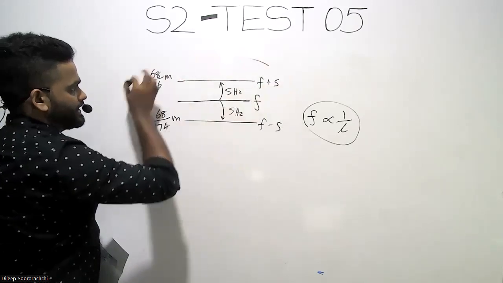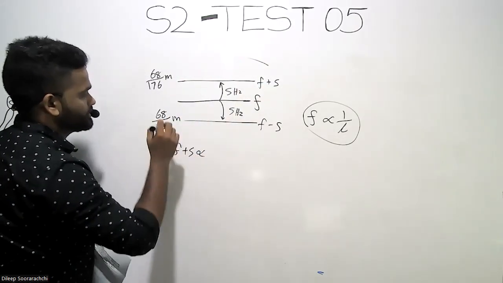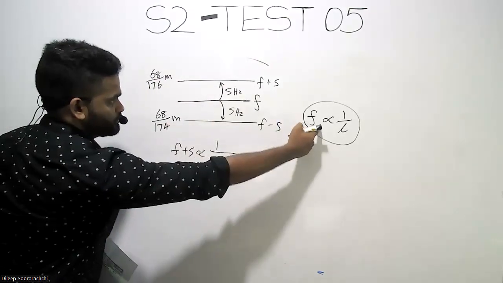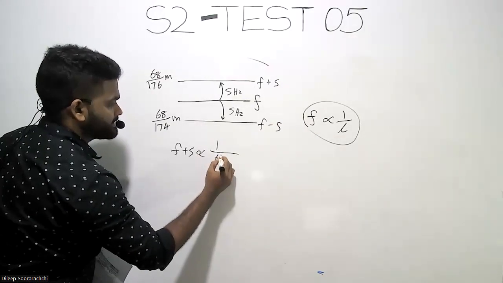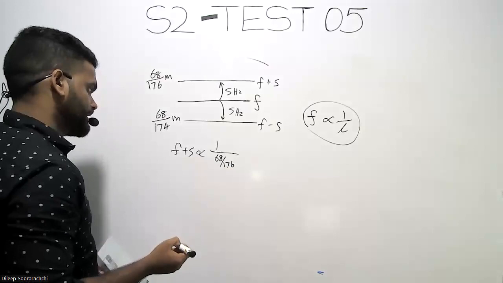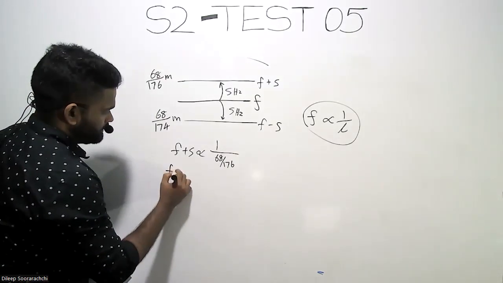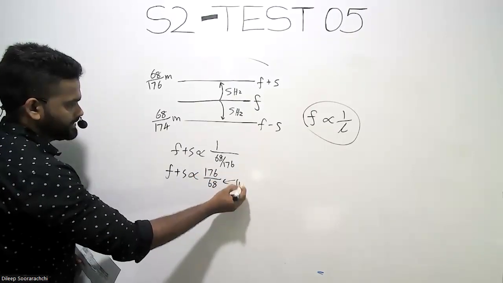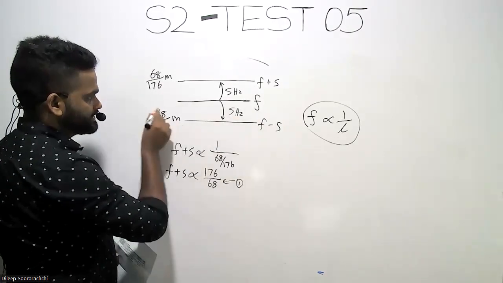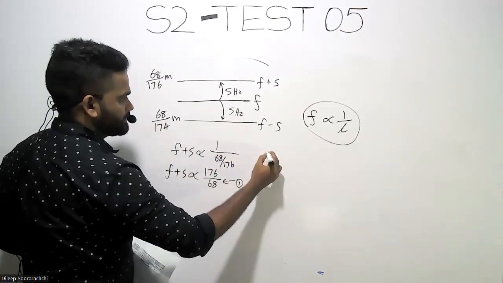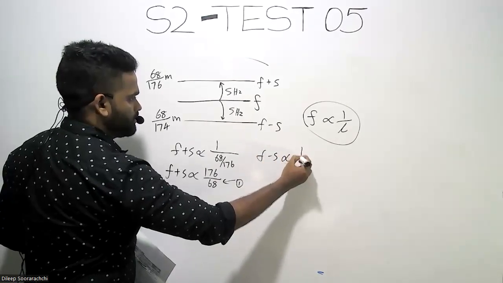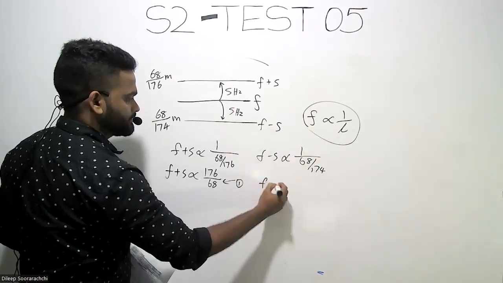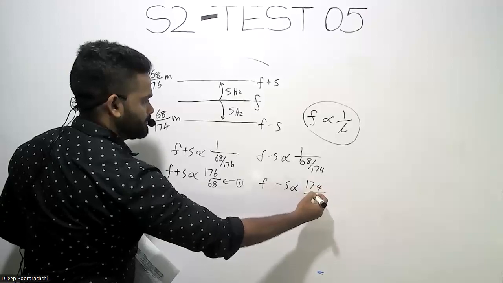F plus 5 is proportional to 1 over this length, that is 68 divided by 176. If you flip that, this becomes 176 divided by 68. Then I'm choosing this case, that is F minus 5 proportional to 1 over 68 over 174. Then you can flip that, 174 divided by 68.